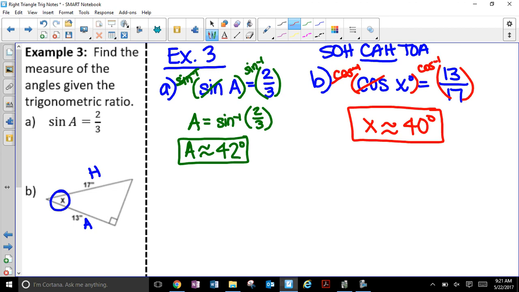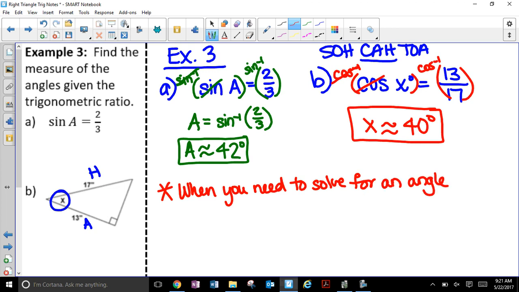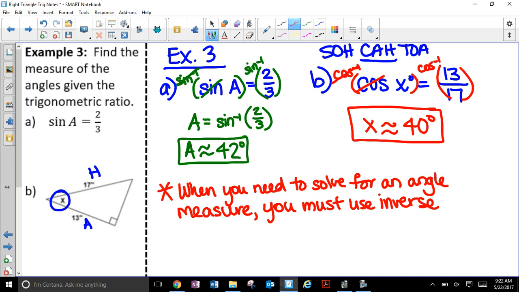Okay, so if you need to write yourself a note, when you need to solve for an angle measure, you must use inverse, which would be inverse sine or inverse cosine or inverse tangent, whichever one it is.